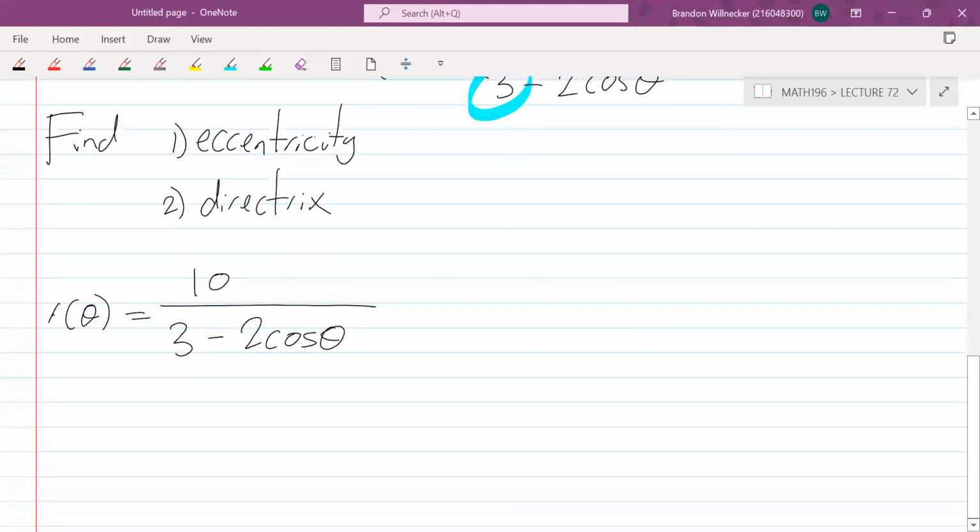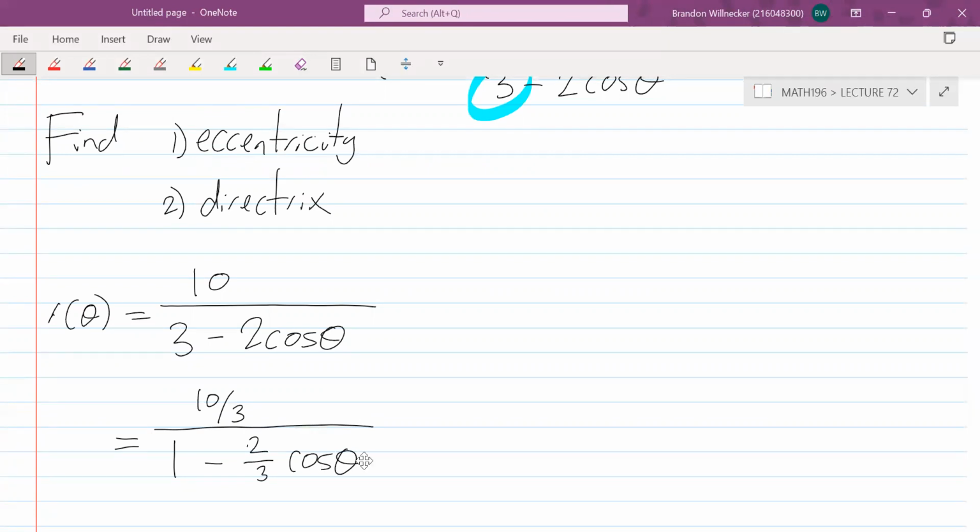That's what we start off with. We can divide top and bottom by 3, so we have 10 over 3 divided by 1 minus 2/3 cos theta. Now we've got the 1 minus E cos theta in the bottom. But remember, in the top, it's E times D.